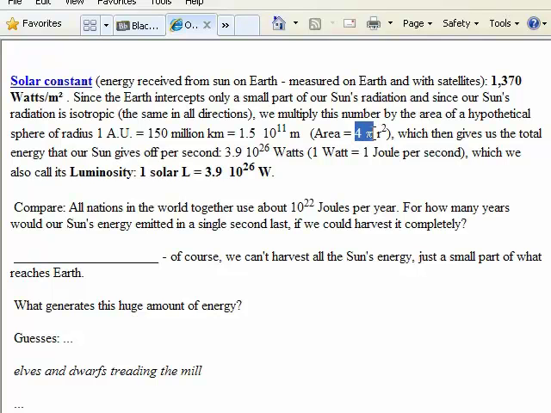So when we calculate the surface of this hypothetical sphere and multiply by the solar constant, we indeed come up with the 3.9 times 10 to the 26 watts, which is what was given in the problem.